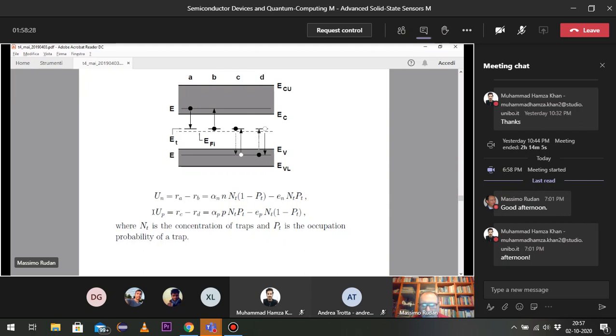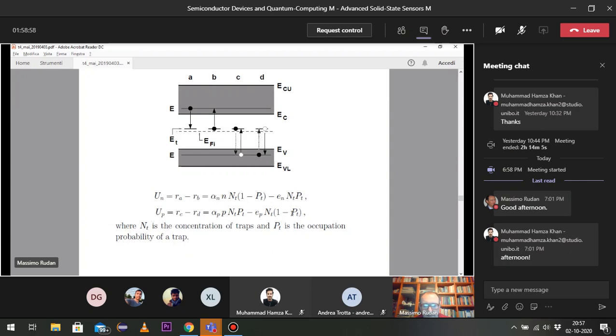So the probability of occupation of the electron state cannot be described using the Fermi statistics. The probability of occupation is unknown, okay? Specifically, we shall call with the symbol PT the occupation probability of the traps of energy ET.